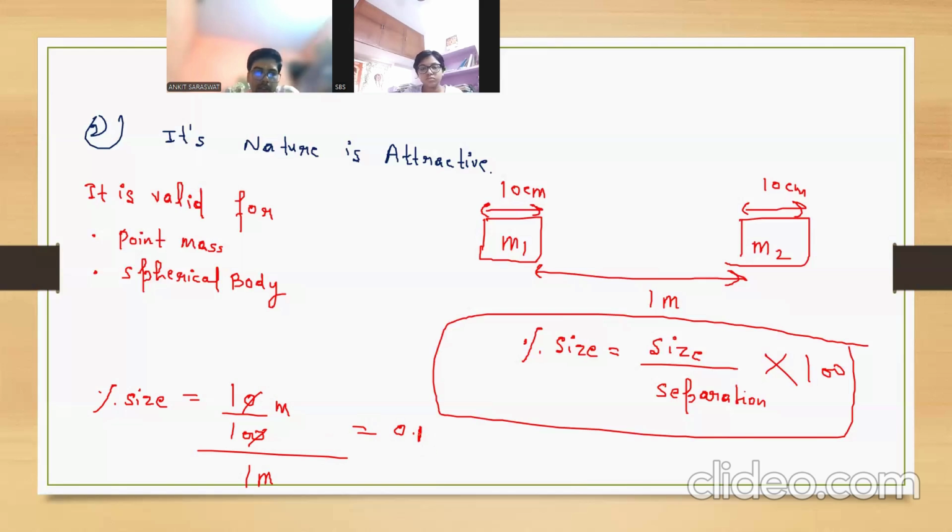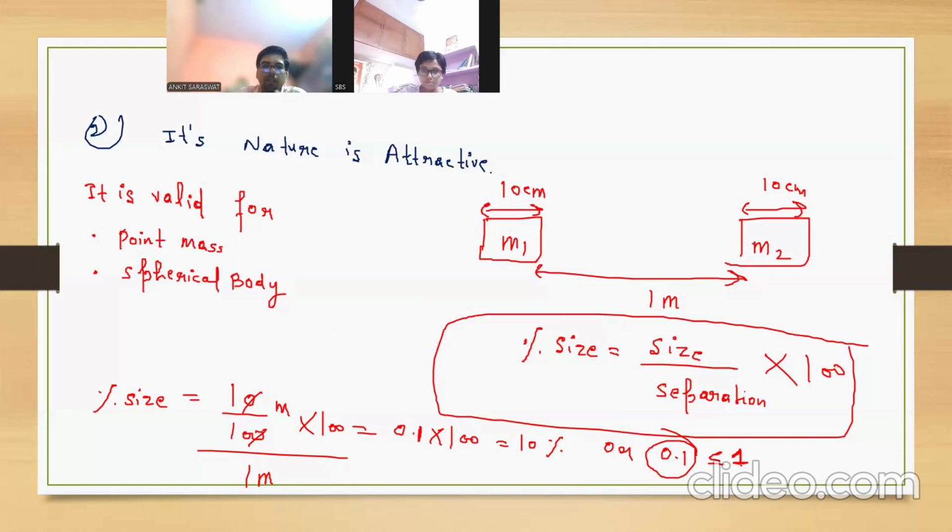0.1, which is less than or equal to 1. And if you multiply by 100, because it is percentage size, then how much? 10%. In fraction, 0.1. If the percentage size in fraction, that is 0.1, comes out less than or equal to 1, then we say it is a point mass.